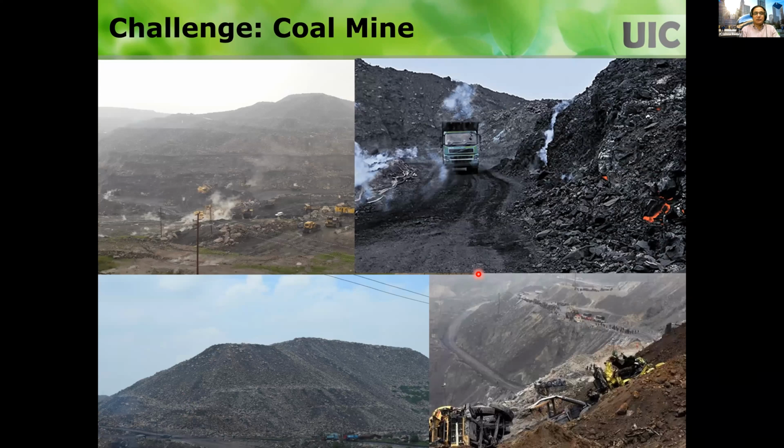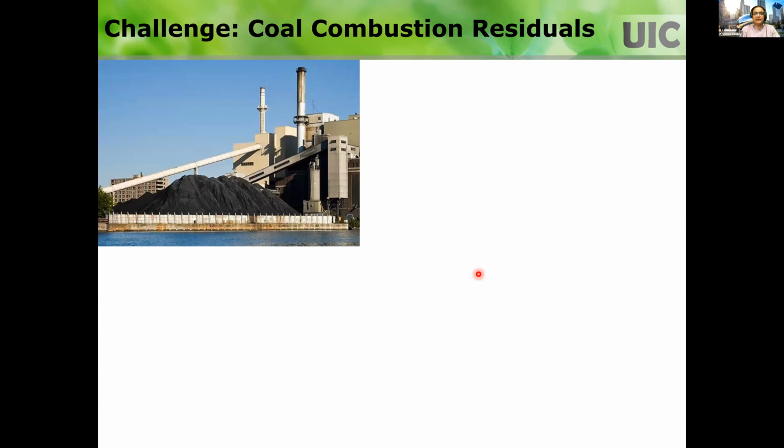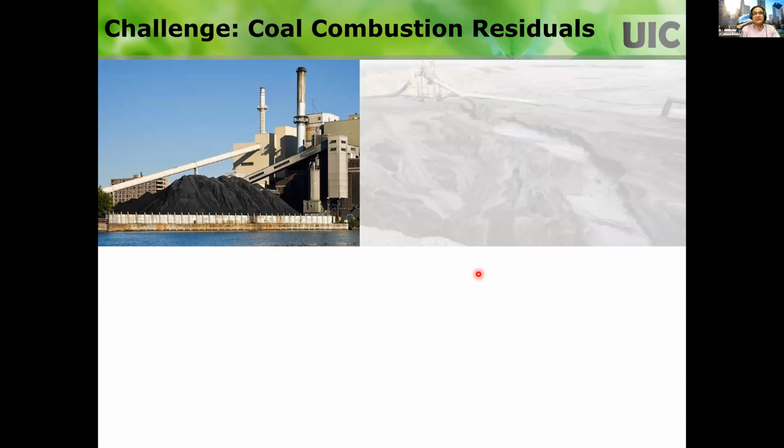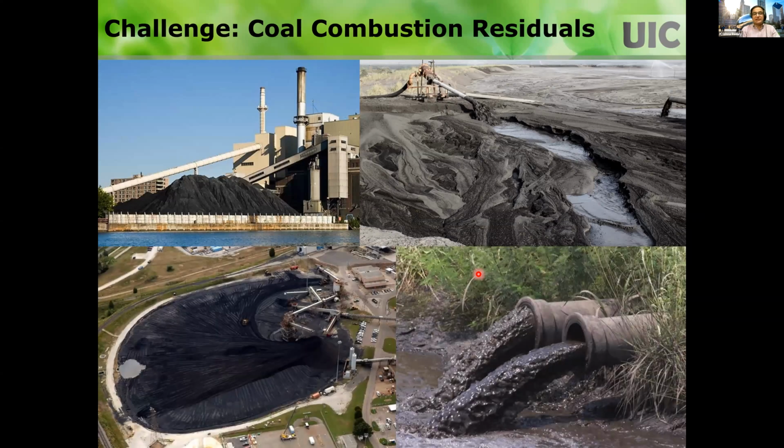And then coal mines. I know there are a lot of coal mines in India too. The coal mines can also pose a lot of environmental issues that need to be addressed. At coal powered plants, you create coal ash that is generally disposed of in ponds.